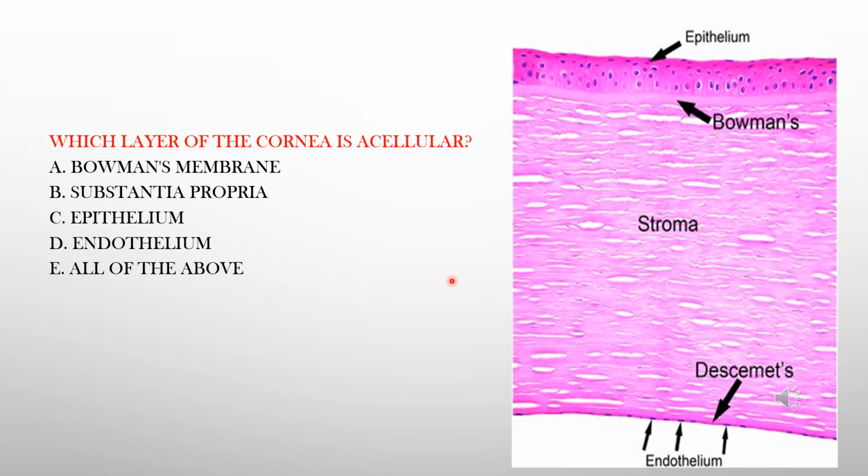Which layer of the cornea is acellular? Bowman's membrane, substantia propria, epithelium, endothelium, or all of the above? Exactly, it is the Bowman's membrane. It is a homogeneous, non-cellular layer formed of collagen fibers and ground substance with no cells.